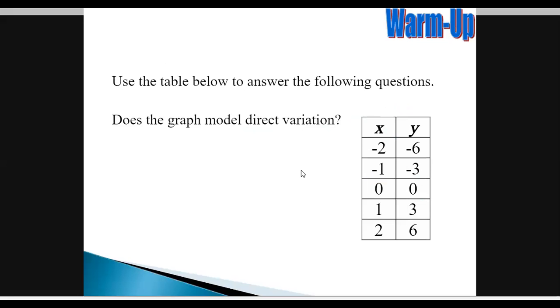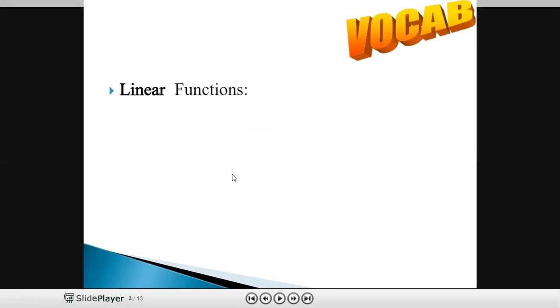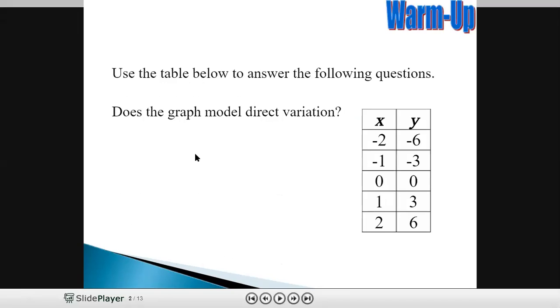Then what do we have to say? What is the slope in this relation? And write the equation from the graph. So let me go back, I'm sorry. In this question, as I said, we have different ways to say if this is a direct variation or not.